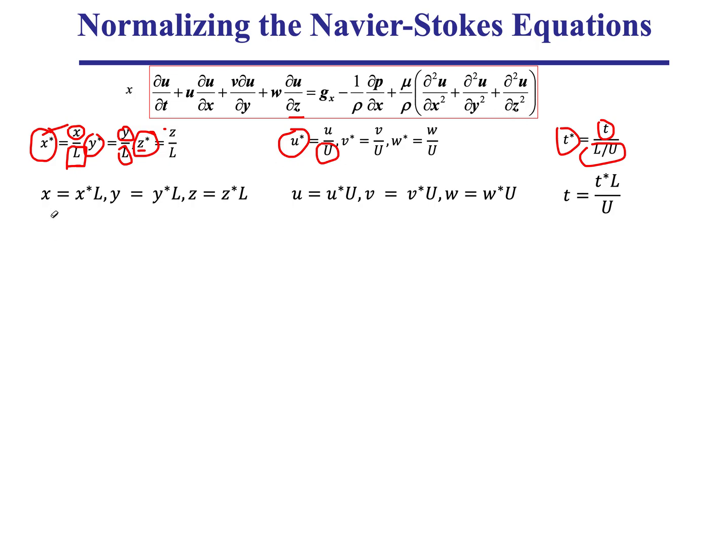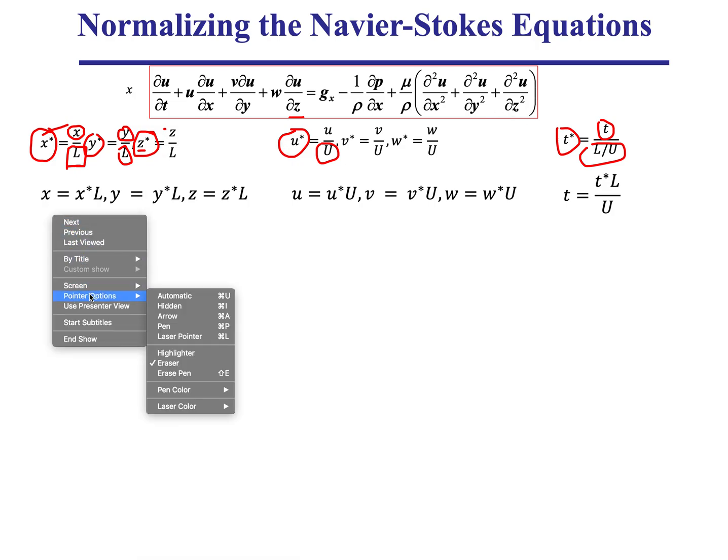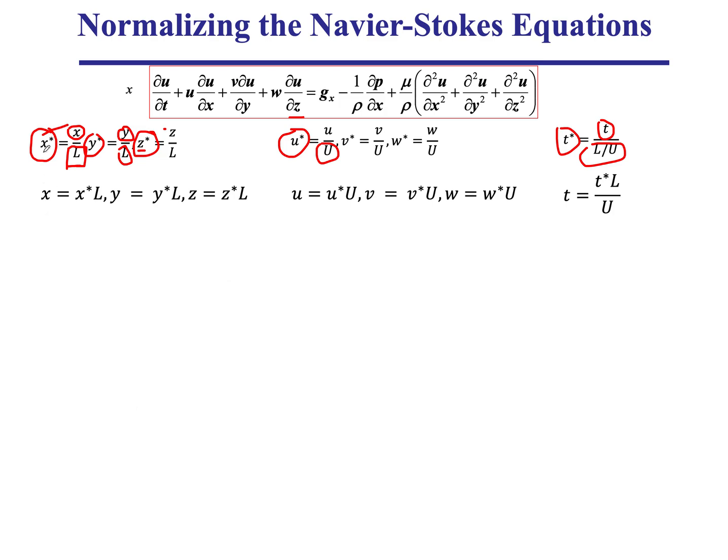Since X star is X over L, I can take the L to the left-hand side, so my X becomes X star times L. So let me take this X and plug it here. Everywhere there's an X, I will plug it here and here and here and so on. So I'll plug in X to be X star times L.